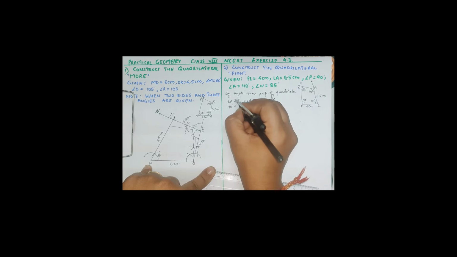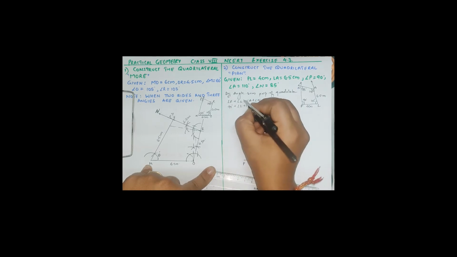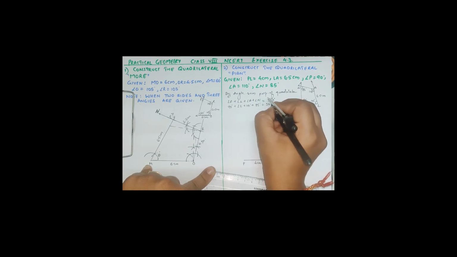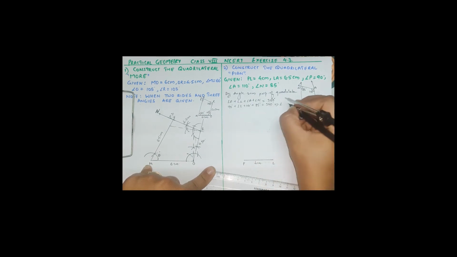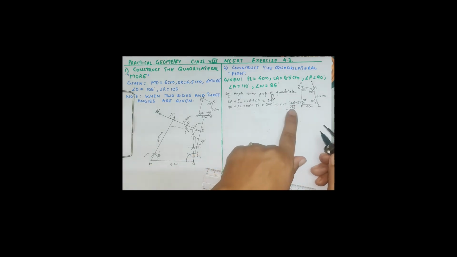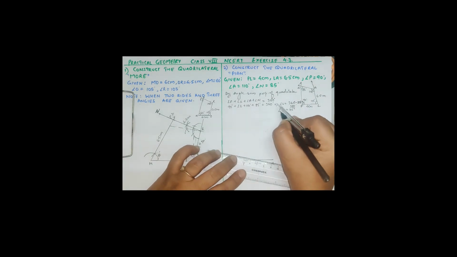Okay, angle P 90 degree, angle L we don't know, angle A 110 and angle N 85 degree, 360 degree. Now angle L is equal to 360 degree minus 285 and that will be equal to 75 degree. So 360 degree minus 285 degree is equal to 75 degree. So this is the measure of angle L here.